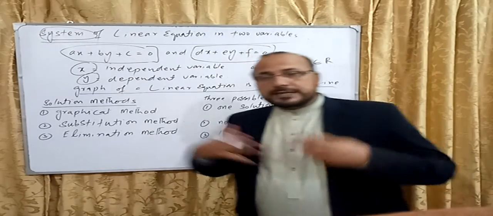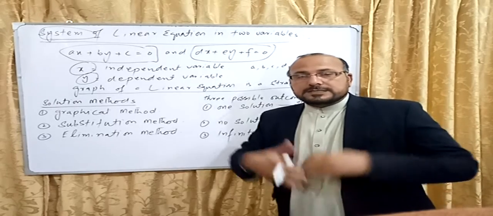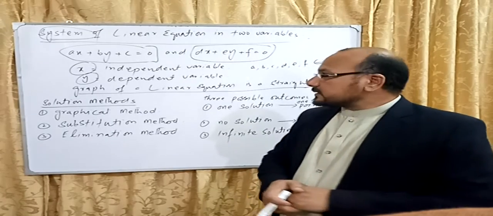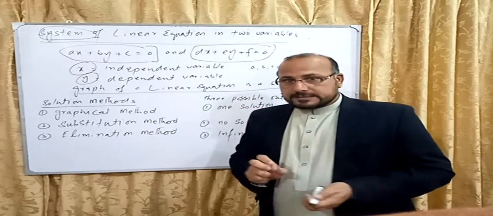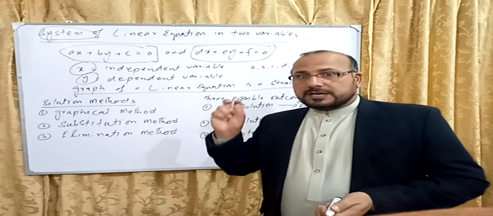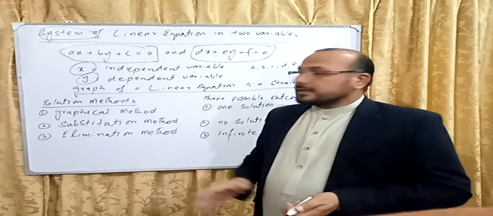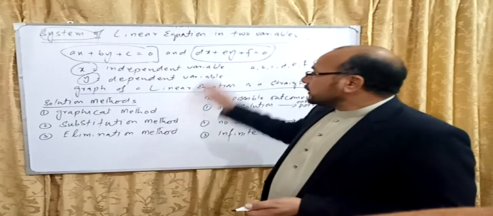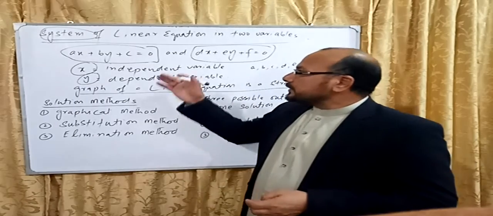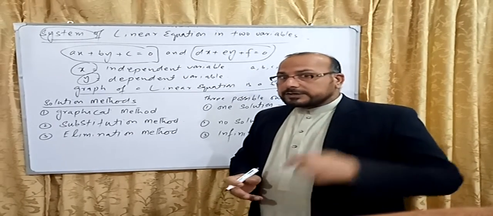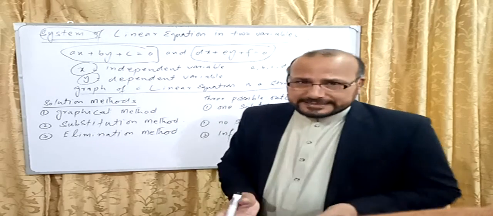Whenever we put a value of x and get the value of y, we get points, the ordered pairs, and when we plot the points on the graph sheet, the xy plane, the Cartesian coordinate plane, we can get the straight line. We can easily get the straight line by drawing any linear equation. Linear means basically one degree.